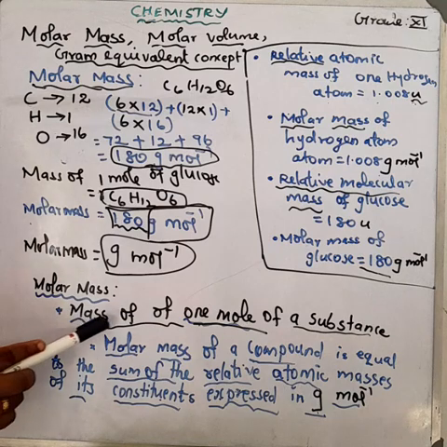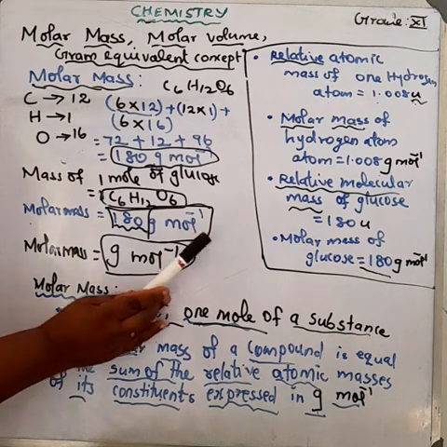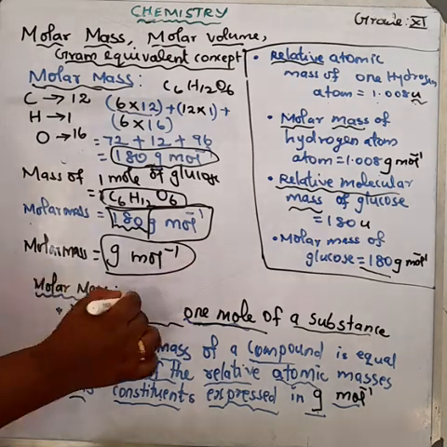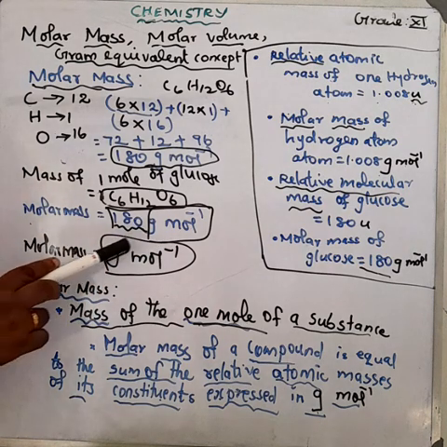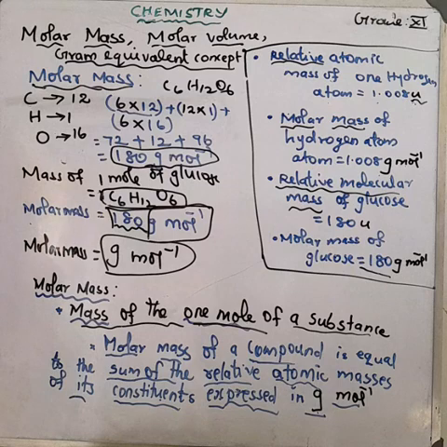Molar mass is the mass of 1 mole of substance, expressed in gram per mole. For example, the molar mass of glucose is 180 gram per mole. 1 mole means 180 gram.